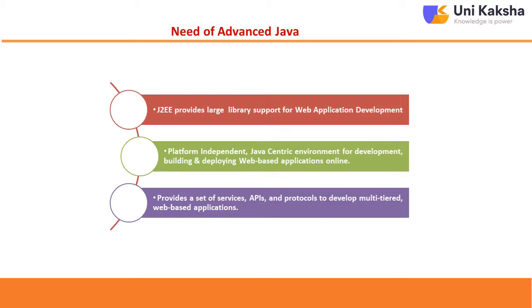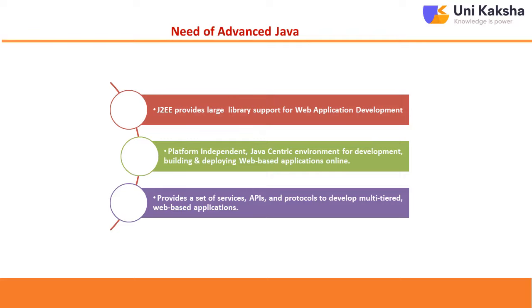So, you might have got the idea of what exactly is the need of advanced Java. Basically, J2EE provides large library support for web application development. It is a platform independent Java centric environment for developing, building and deploying web based applications online.